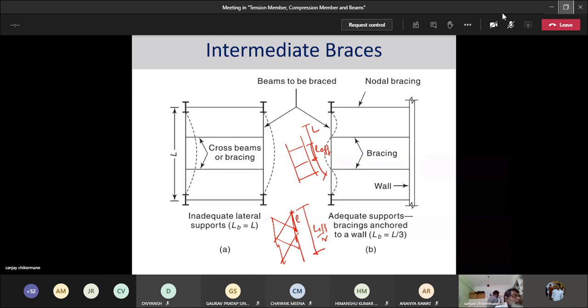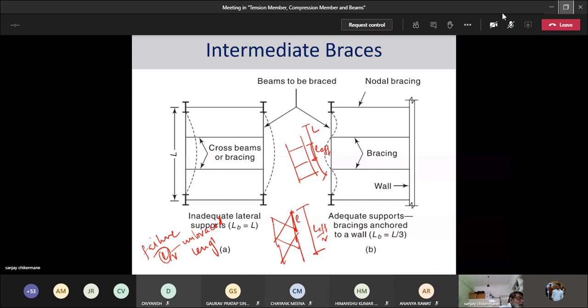Because the failure of the compression flange is based upon whatever is the L by R of the section. And this L depends upon the unbraced length. Now, again, what is very interesting is it is not just giving some kind of bracing which will ensure that your L is reduced, because now the entire system can deflect as a single rigid body.